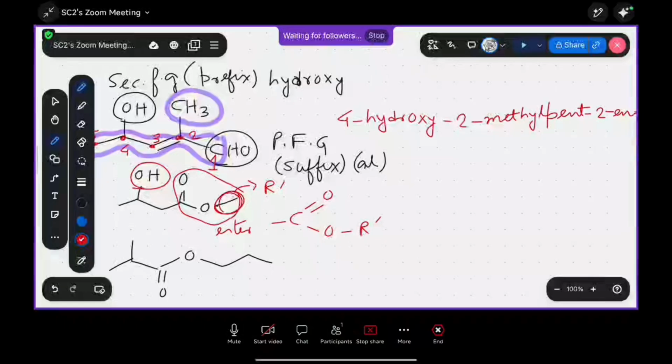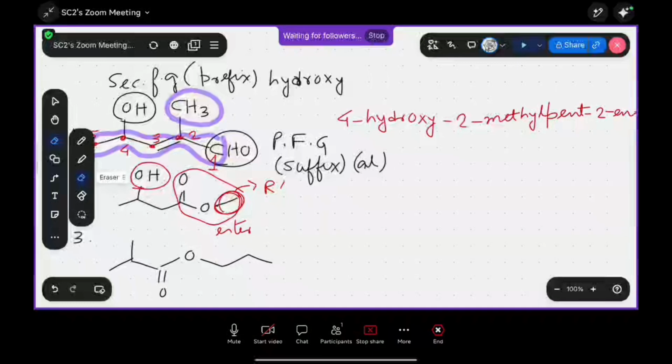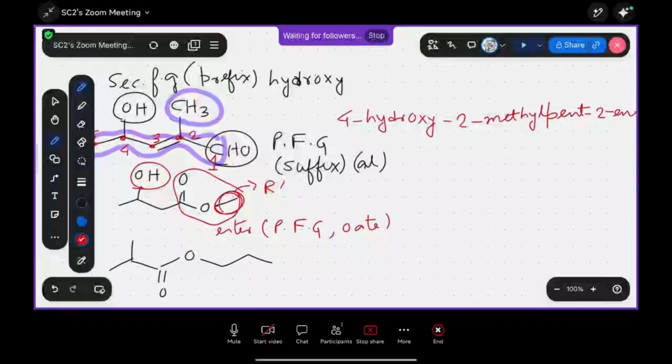Now according to the priority list, the ester functional group behaves as the principal functional group. The ester is the principal functional group and we use the suffix for that. And then we are having the OH.